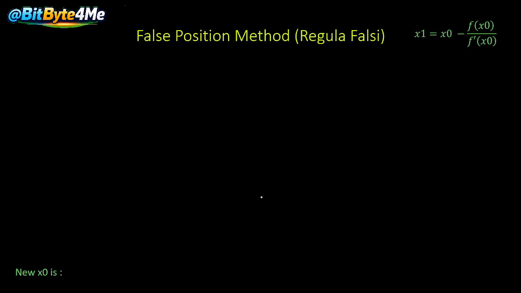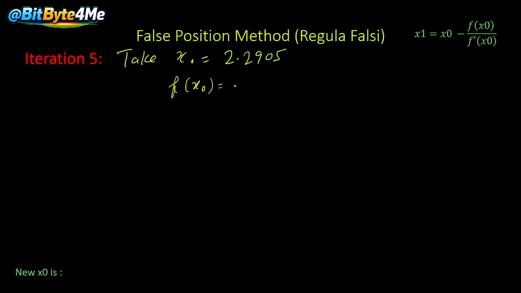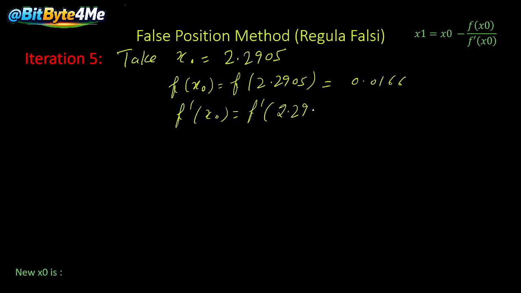We will go to the next iteration, that is 5, and here we will take x0 is equal to 2.2905 and calculate the value of f(x0), that is f of 2.2905, which will be equal to 0.0166, and we will also calculate f dash of x0, that is f dash of 2.2905, which will be 15.7392.